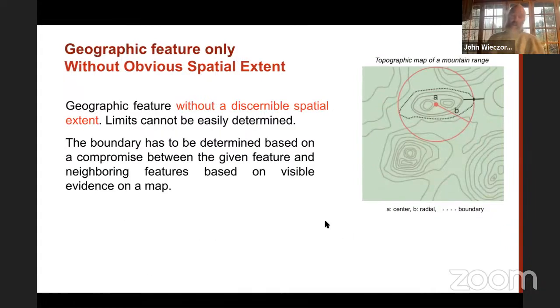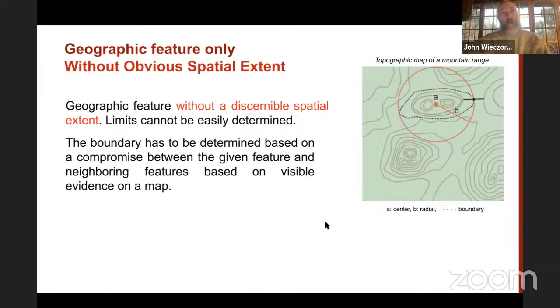Then we get into the slightly harder situation of geographic features without such obvious spatial extents. So these are ones where it's a little bit more tricky to put the limits or the boundaries. And a perfect example of this might be a mountain.